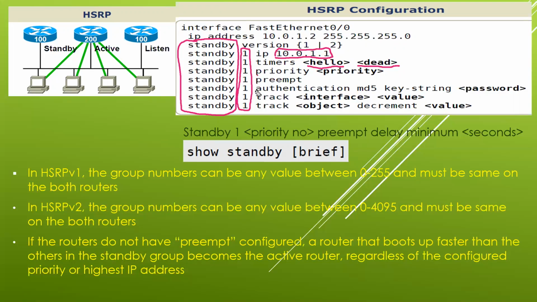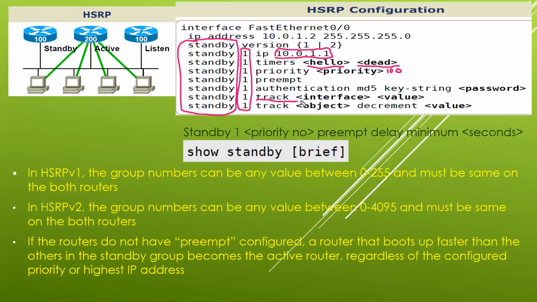So the preempt, the priority: by default the priority is 100. If you want this router to be active, you need to give a value higher than 100. The preempt over here, authentication MD5: if it is HSRP version 2, you can have MD5 authentication.